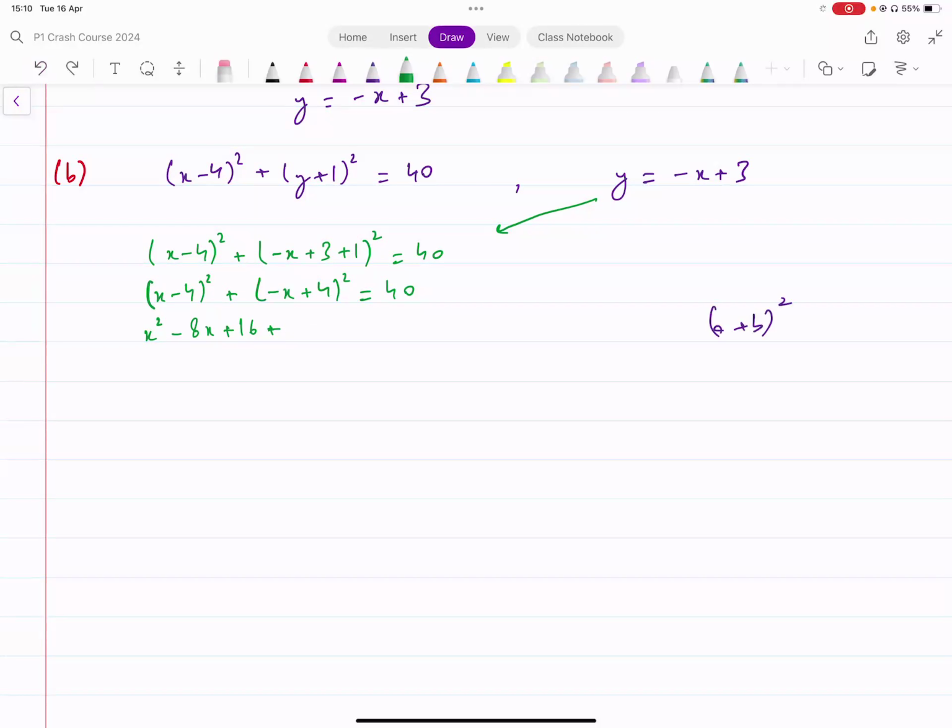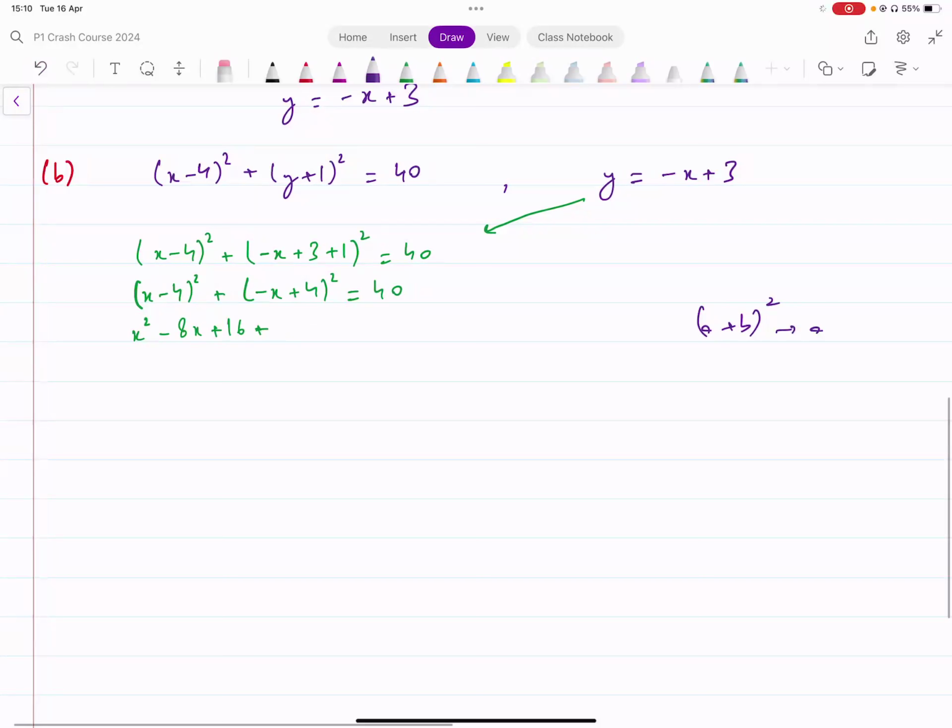So let's use (a plus b) whole squared equal to a squared plus 2ab plus b squared. If we use that, what's (minus x) whole squared? You can actually write it like this: (minus x) whole squared plus 2 into minus x into 4 plus 4 whole squared. It's very common to make sign errors in this case, so you have to be very careful.